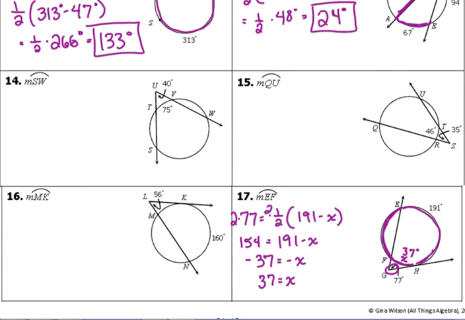They were asking us for arc EF. So 191, 37, those are 2 out of the 3 pieces. So 360 minus 191 minus 37 gives us 132, which is what they're actually asking us for.